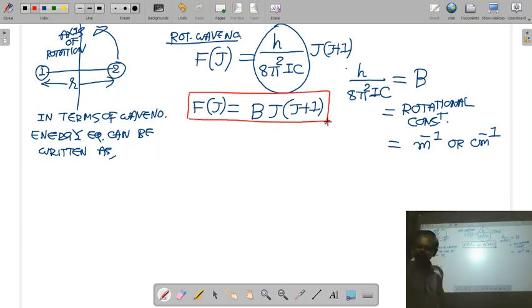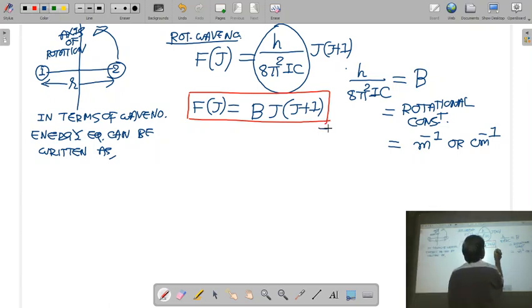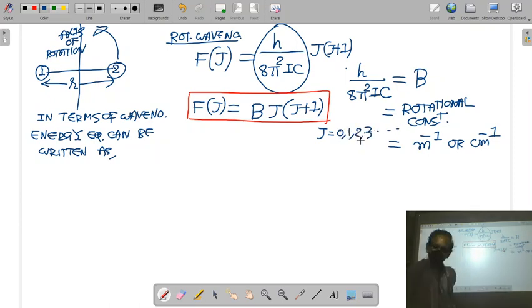Once again, rotational wave number F(J) is equal to B J into J plus 1, where J is equal to 0, 1, 2, 3 and so on. Now by putting different values of J, we calculate the rotational wave number.